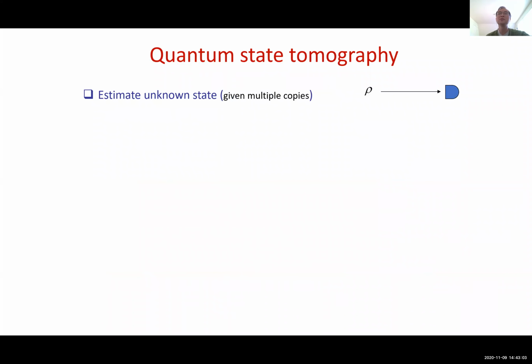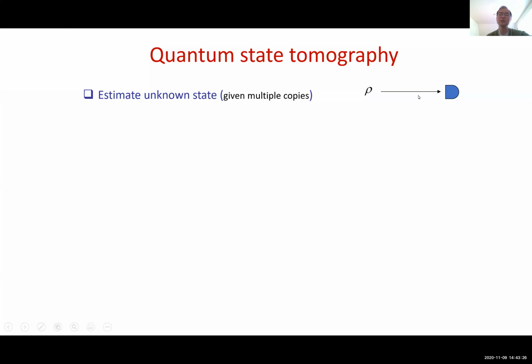So the idea of quantum state tomography is that there's an unknown state prepared by some source, and you are allowed to make measurements on that. There are a few copies of the identical states.